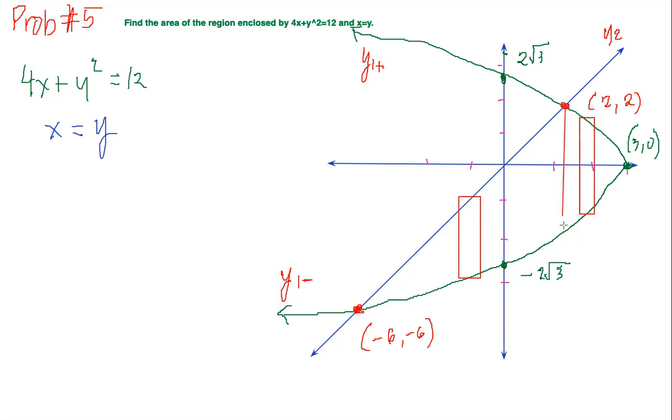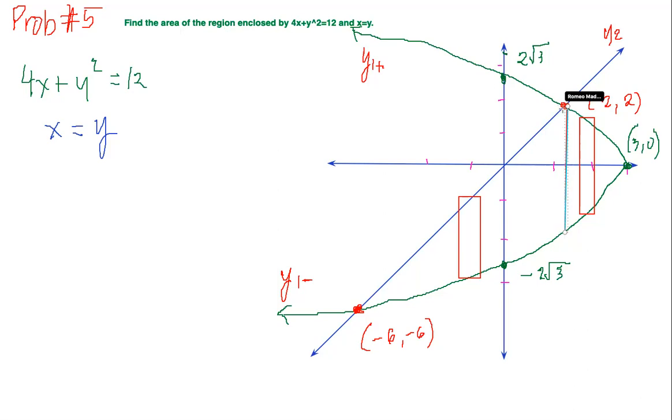So we're going to divide it here. Let's use another color. Let's divide this here, since this is the point of intersection of the graphs.